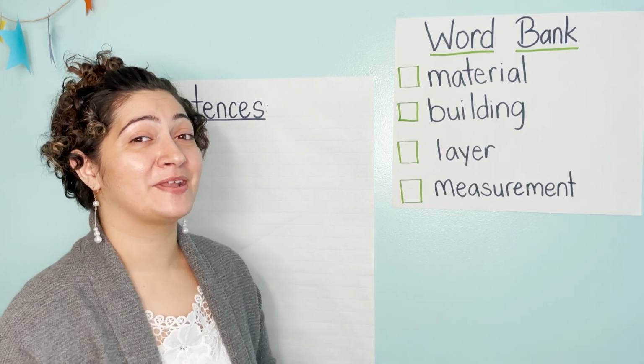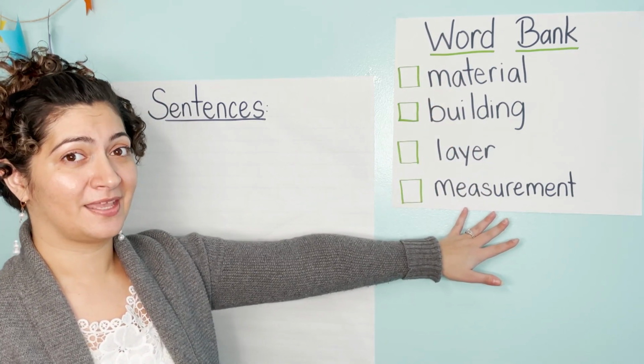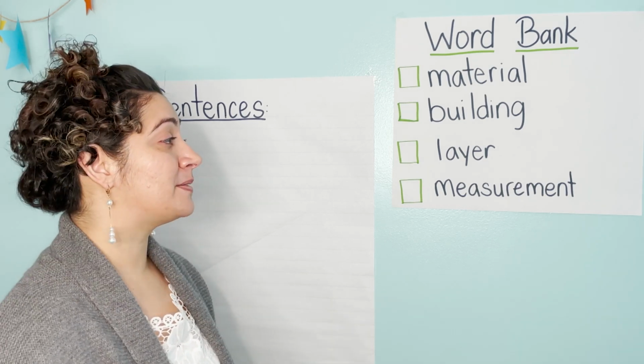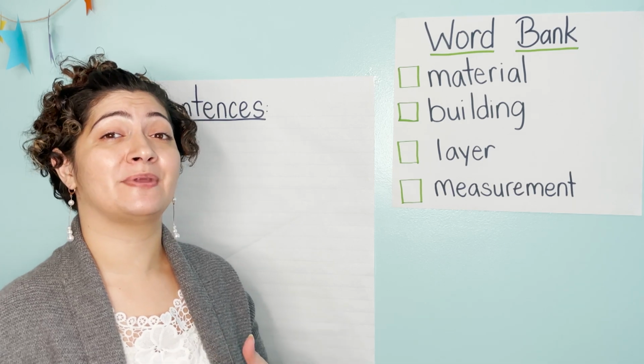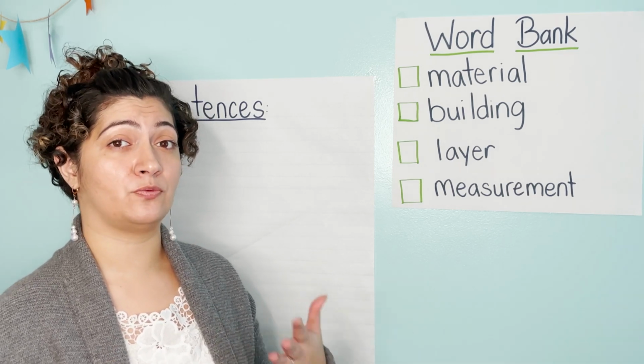All right, we are going to change these words from their singular form into their plural form. All right, so some of these words could be verbs, but we are going to make sure that they are nouns because we are changing them to plural, meaning more than one.